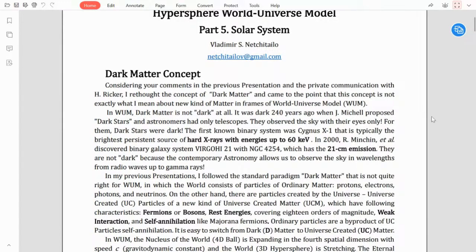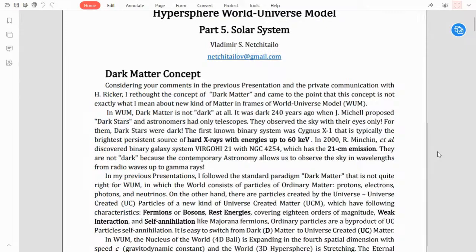It was dark 240 years ago when Mitchell proposed dark stars and astronomers had only telescopes. They observed the sky with their eyes only. For them, dark stars were dark. The first known binary system was Cygnus X-1, typically the brightest persistent source of hard X-rays with energies up to 60 kiloelectron volts.